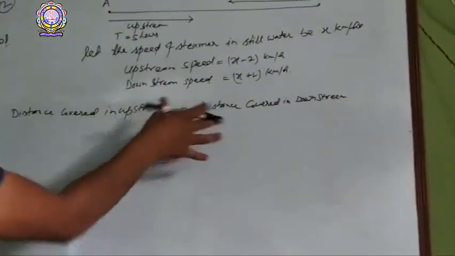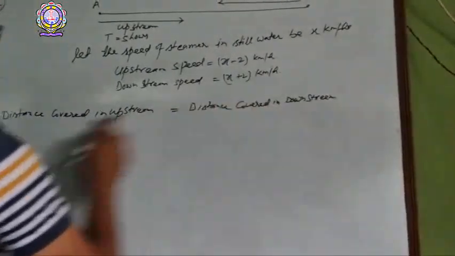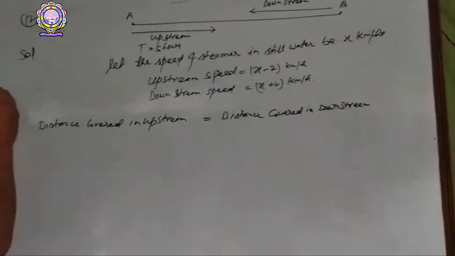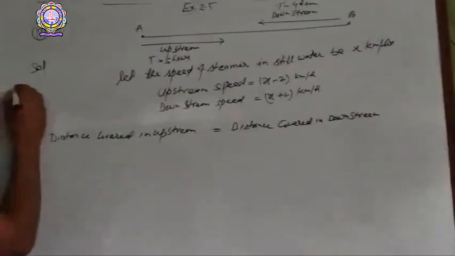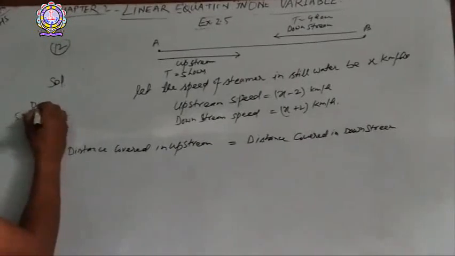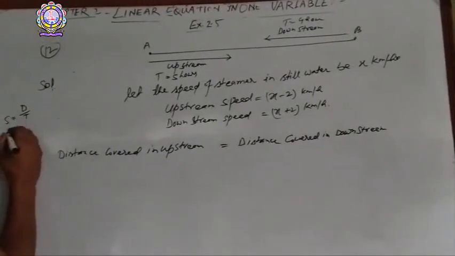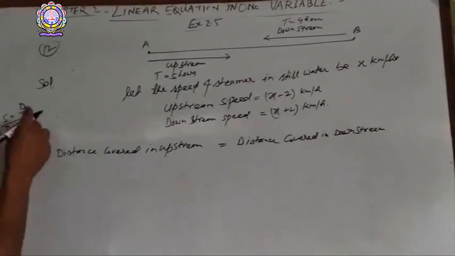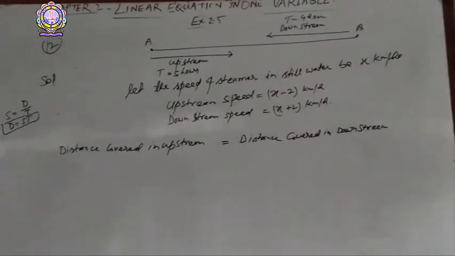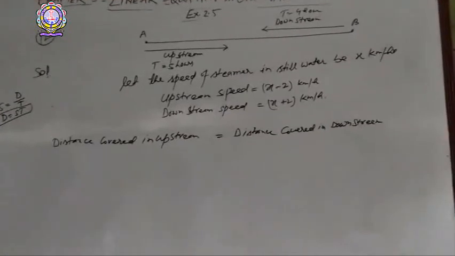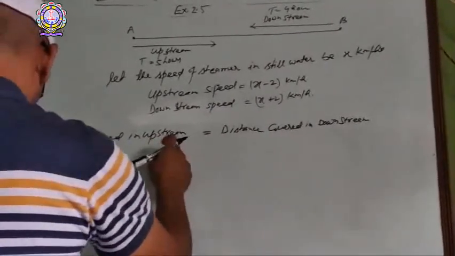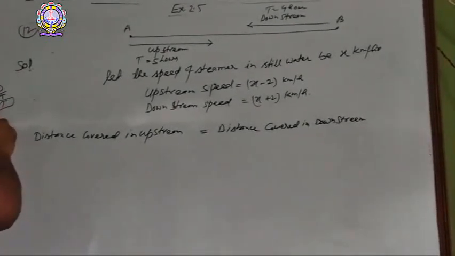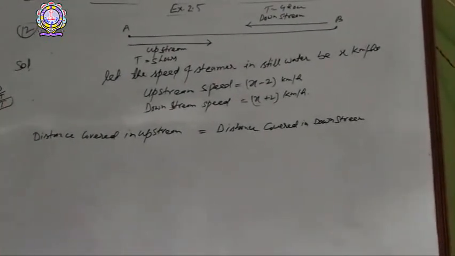Okay, distance will be the same in both the conditions, and we know that the formula speed is equal to distance upon time, and it can be converted as distance is equal to speed into time. Here we use this formula, distance is equal to speed into time. Distance covered in upstream means speed in upstream into time taken.